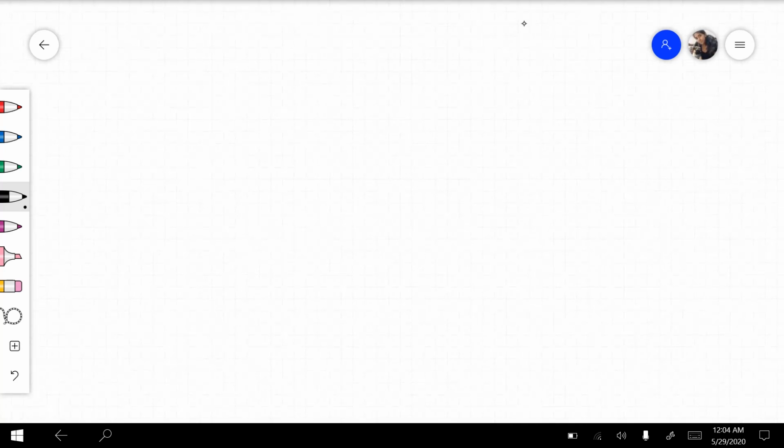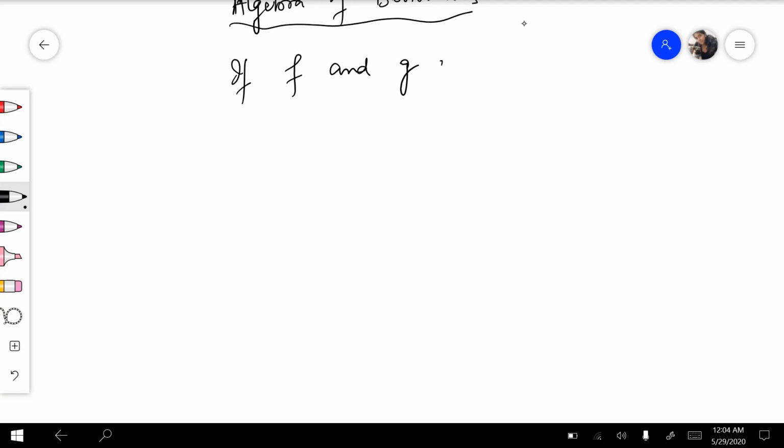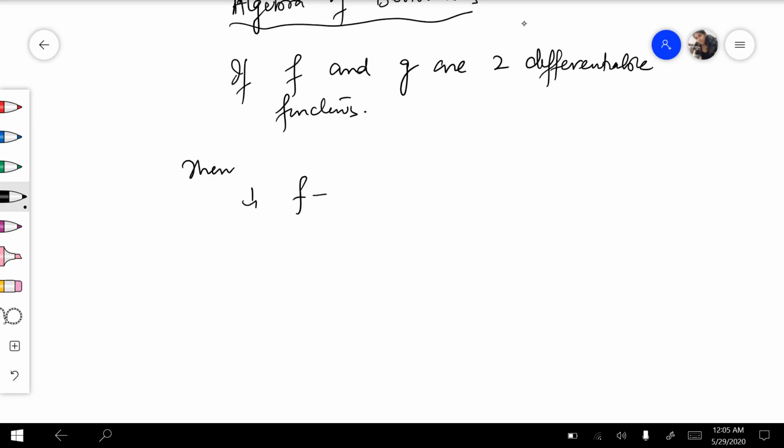Other properties, most importantly, first one, I'm writing in general, if f and g are two differentiable functions, then first one, f plus g is differentiable in domain of f intersection domain of g.